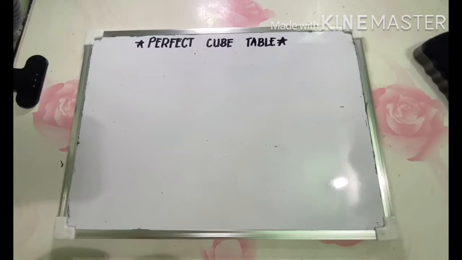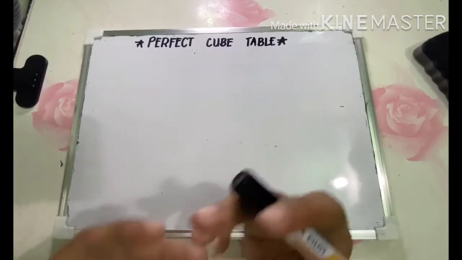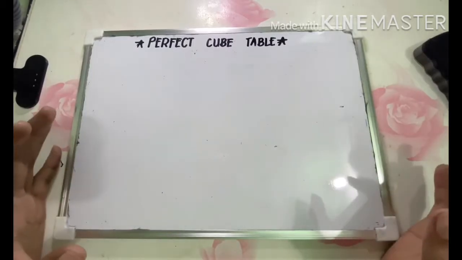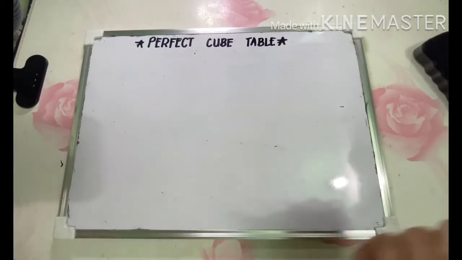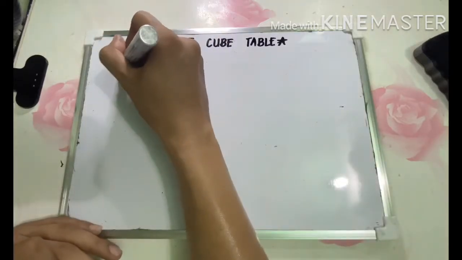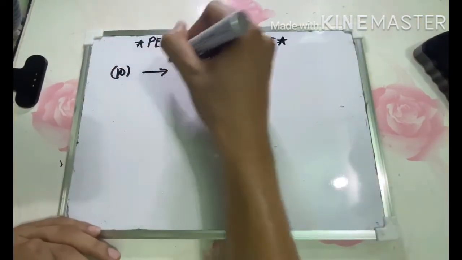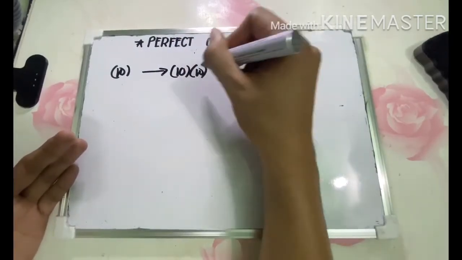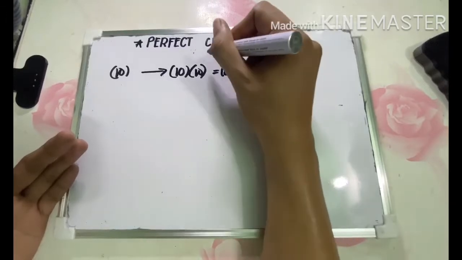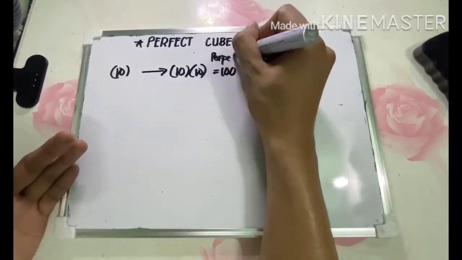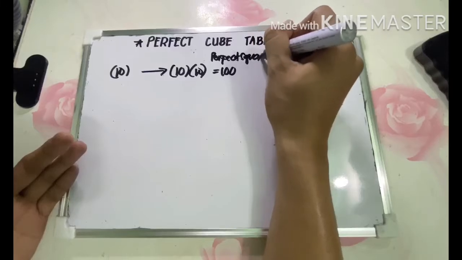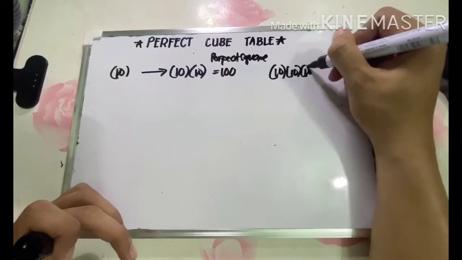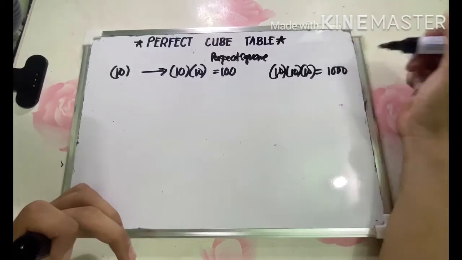Okay, I can suggest that you make perfect cube tables, especially for those students who have this subject. First, you need to make a perfect square table. For example, 10 times 10 is equal to 100. So this is a perfect square. And for the perfect cube, 10 times 10 times 10 is equal to 1000.